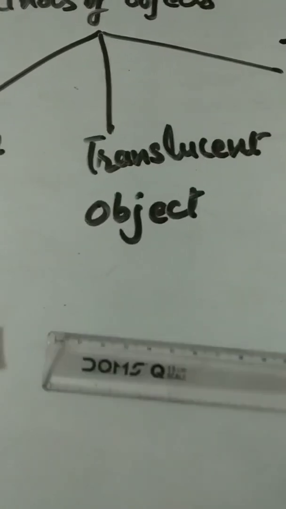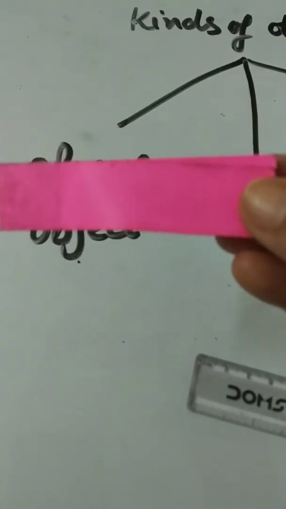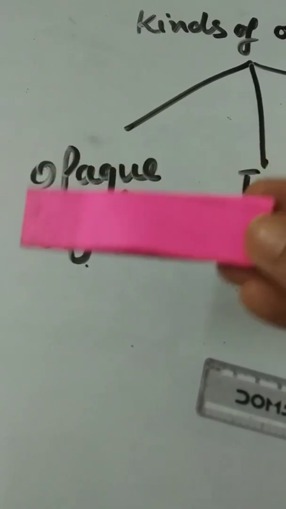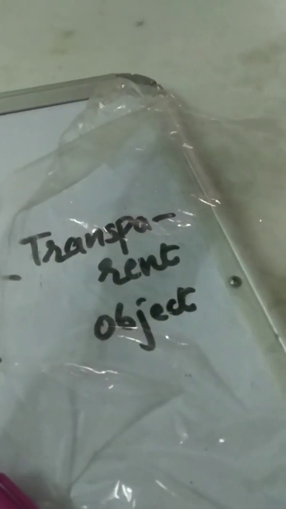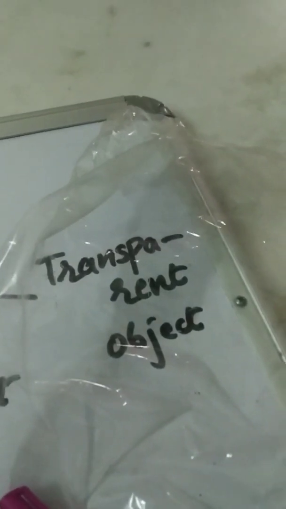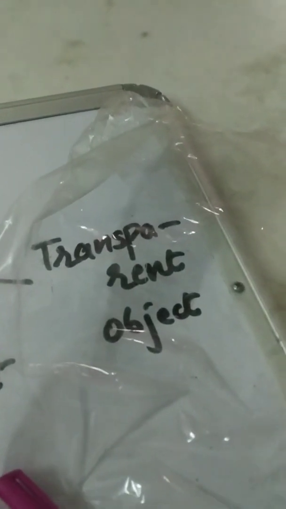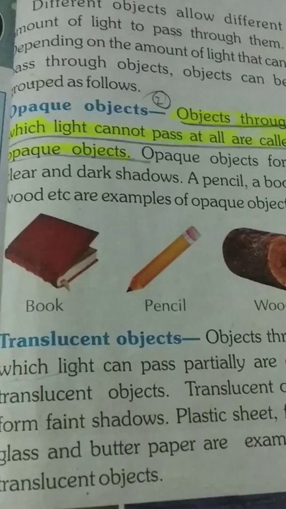This one is translucent, partially we can see to our other side. It allows partial light to pass through it, whereas an opaque object will not allow light to pass through it. Transparent object allows full light to pass through it. So we are able to see the other side of this object also.